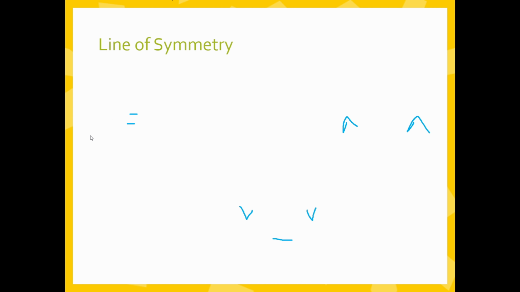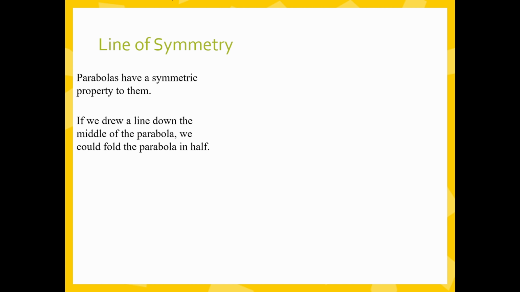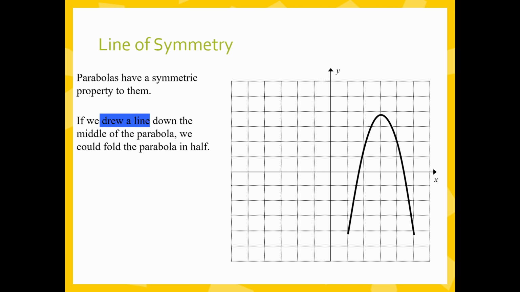So going forward, we can talk about the line of symmetry and how we can draw the graph with that line of symmetry in the middle. This will be the turning point of the graph, right?